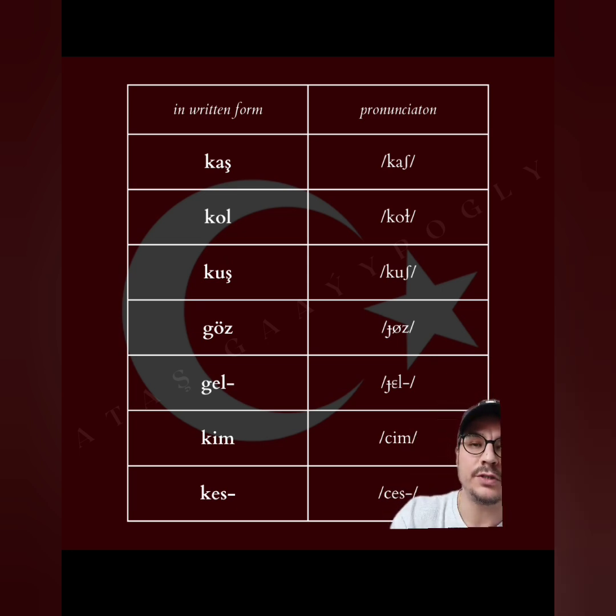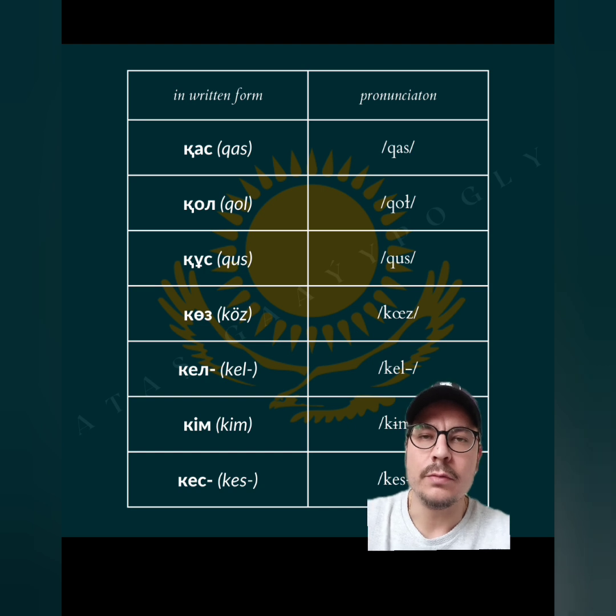On the pronunciation side, see, I wrote with a C, so don't confuse it with the Turkish J. I used IPA, the International Phonetic Alphabet. Kazakh language. All of them are Turkic. Kas, it's a normal k sound, voiceless uvular plosive.